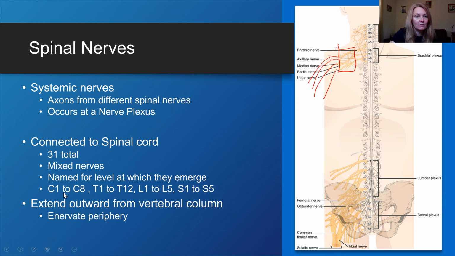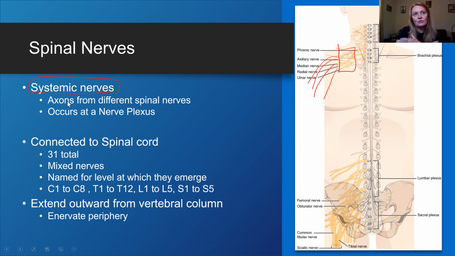Yes, spinal nerves, not peripheral nerves, not systemic nerves. Systemic nerves are named, like radial nerve, ulnar nerve, or median nerve.